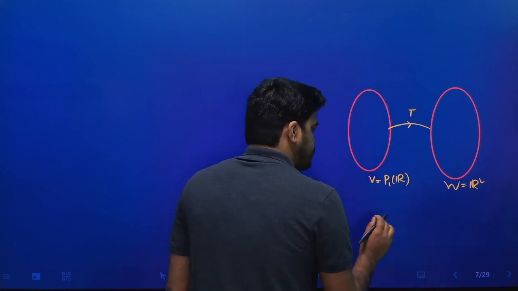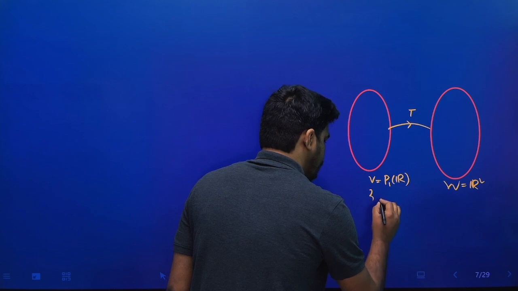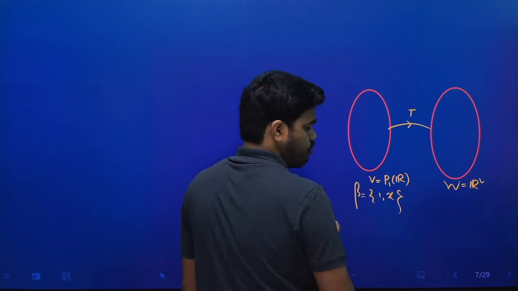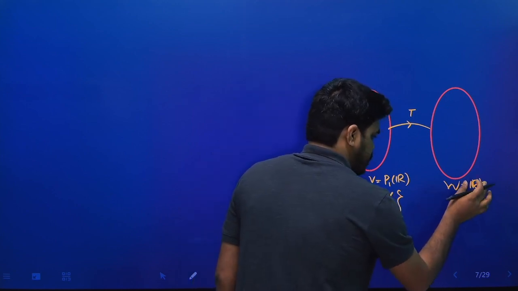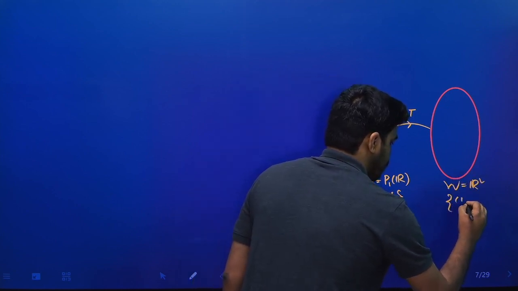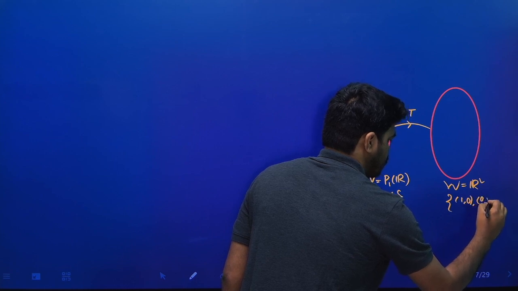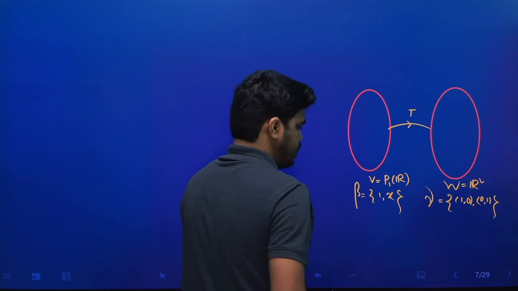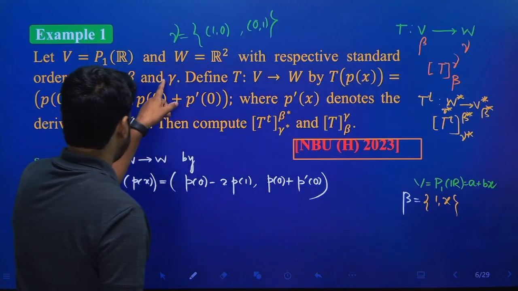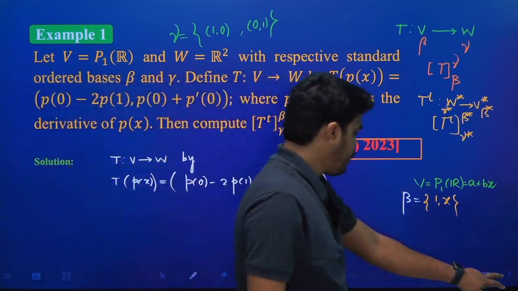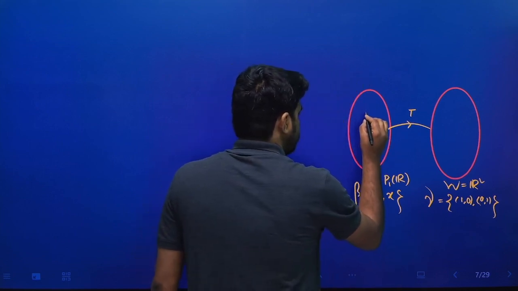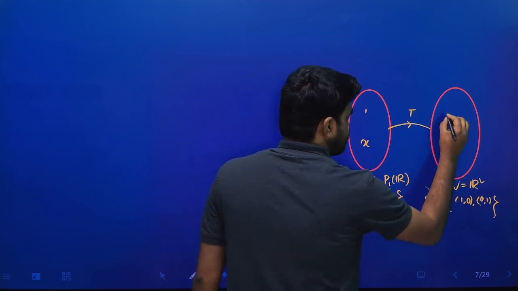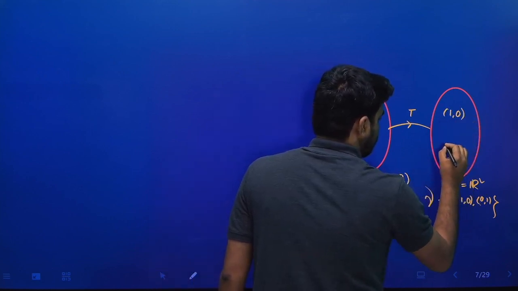The standard basis for V is 1, x. So basically this is beta for this problem, and the standard basis of R2 is (1,0), (0,1). This is the standard basis for W, and that is denoted gamma here. Gamma is the standard basis for W. Okay, ठीक, so suppose this is 1, this is x, W standard basis (1,0), (0,1), right?